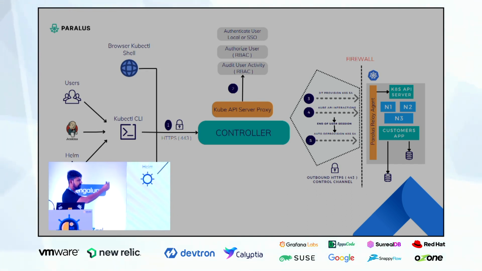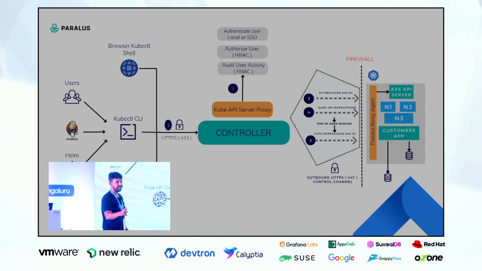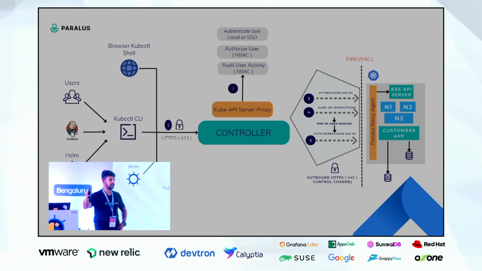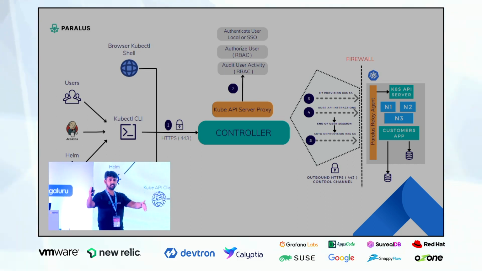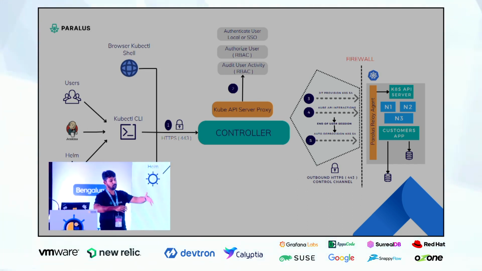And on the right side, you see core effectively talks to an agent, right? So there is an agent which we'll have to install in all the target clusters that Paralus will interact with. And you still see a firewall, right? So the firewall is still relevant. It's not gone. It's an additional security mechanism that's already in place.